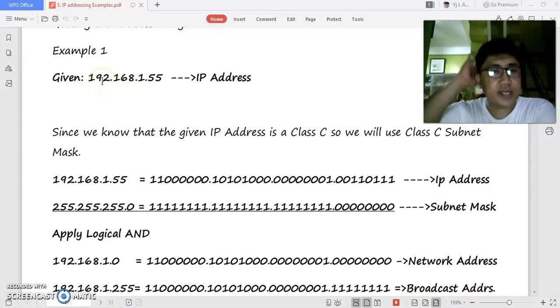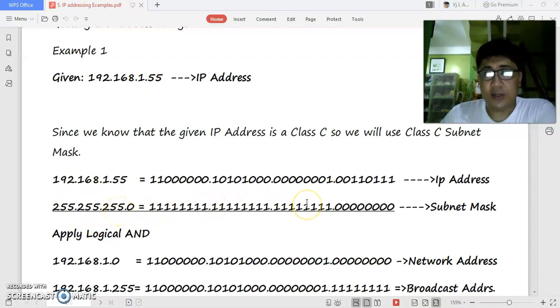As we discussed last meeting, the first octet represents which class it belongs to, from Class A, Class B, Class C, Class D, and Class E. Since 192 belongs to Class C, we will be using the subnet mask, which we also discussed last meeting, 255.255.255.0.